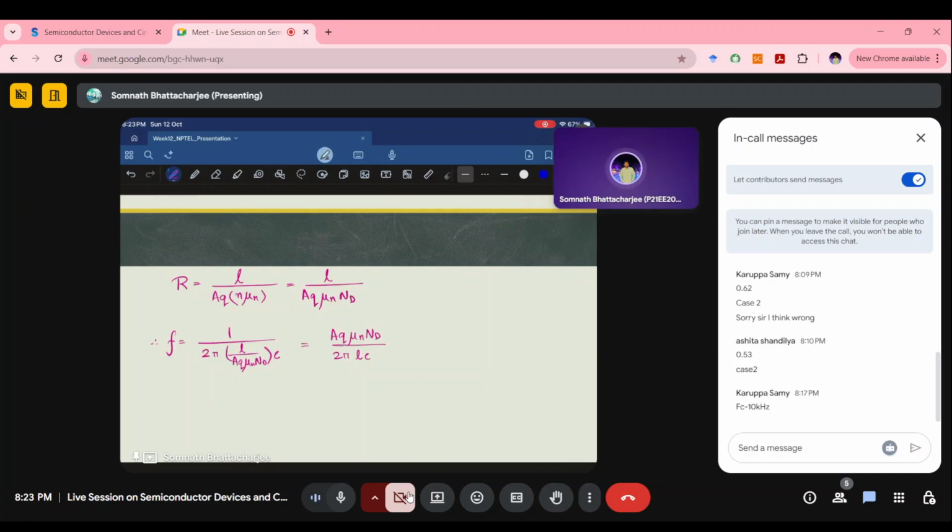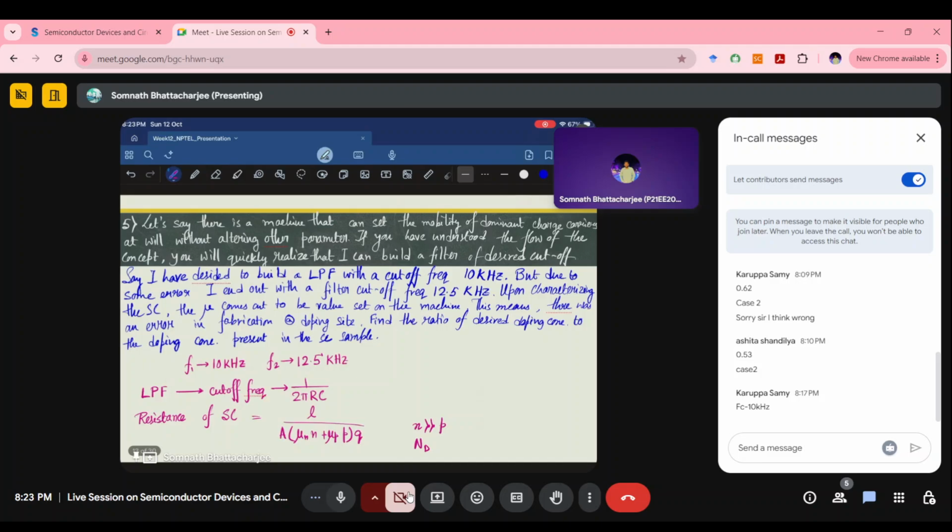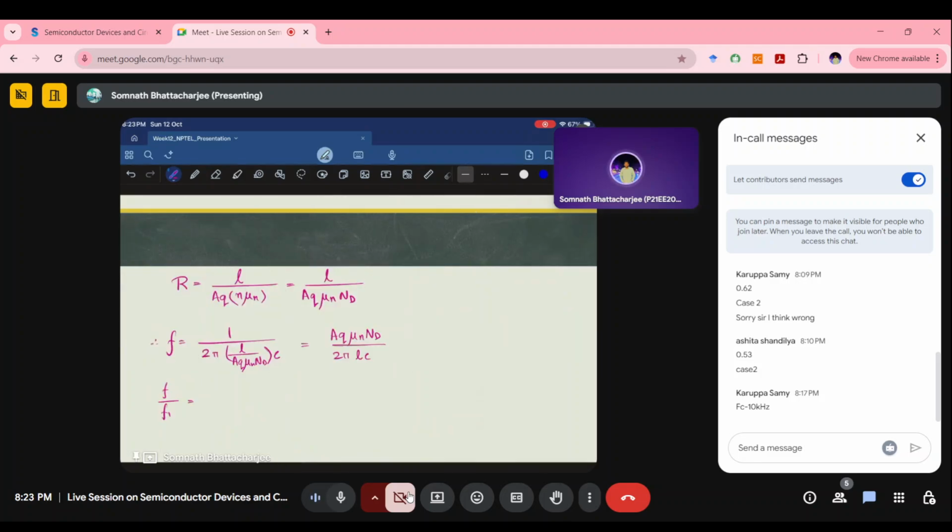Now what they have got is f2 by f1. F2 was there. So let's not do this. So F1 by F2, let's do it like this and then we'll move it afterwards.